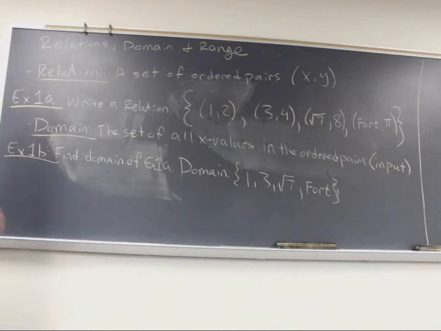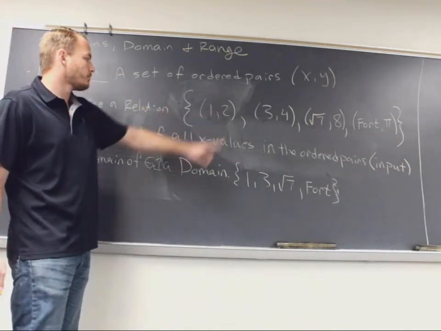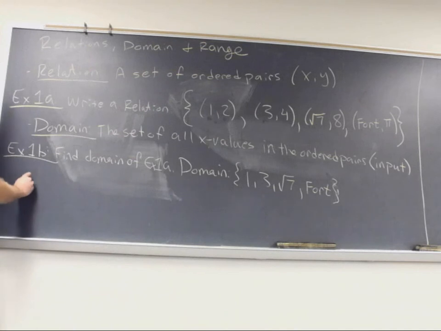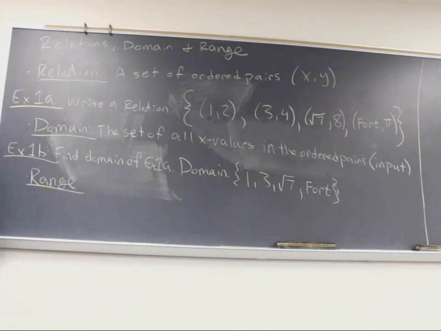Now we have to deal with the other part of the ordered pairs, which is the y values. So the y values are called the range. And it's basically a copy and paste from here, except it's the y values.